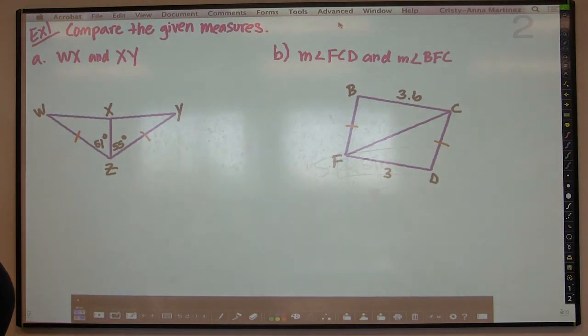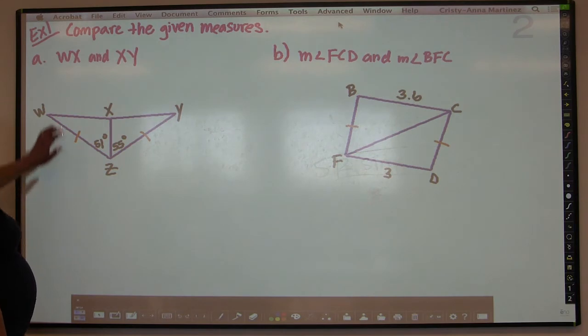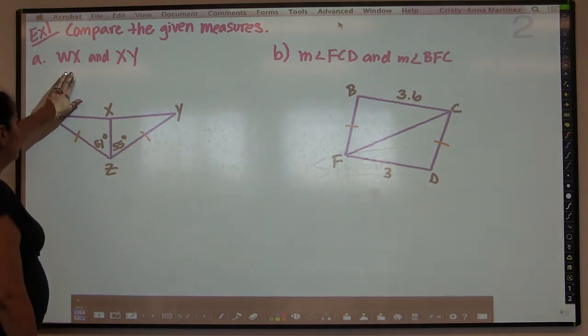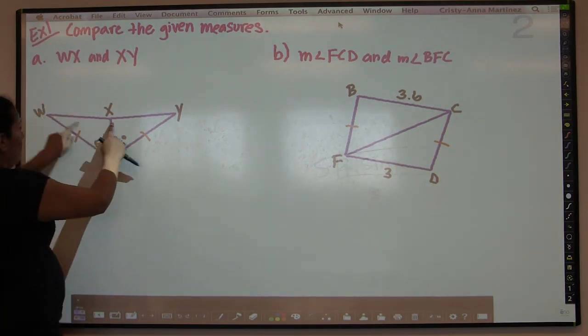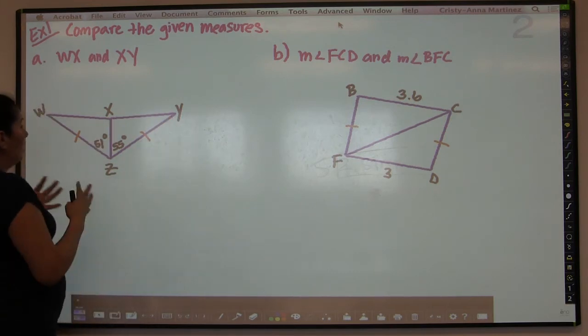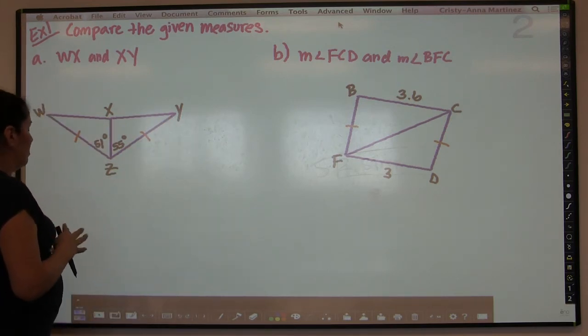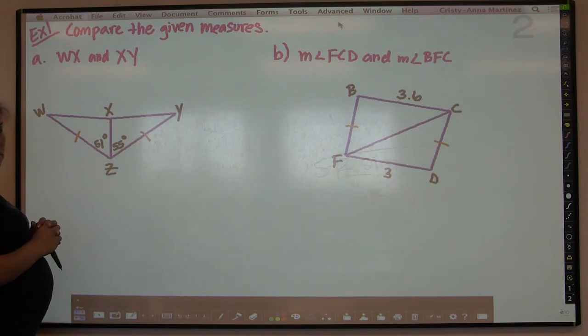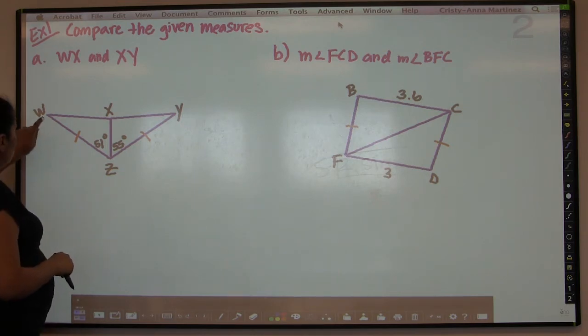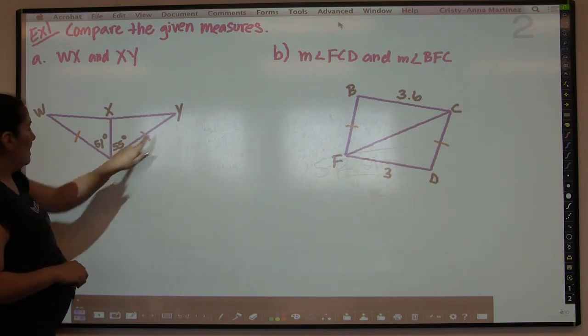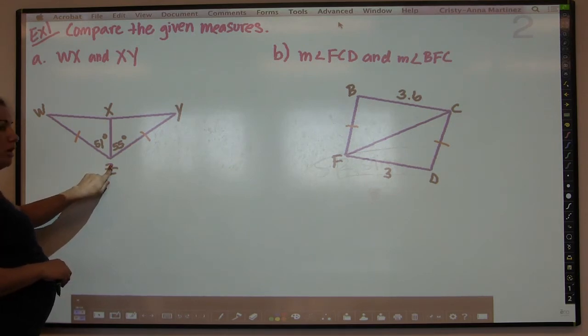And it says here to compare the given measures. So it says to compare WX and XY. So WX is this segment here, and XY is this segment here. But we want to look at the components that they've given us to see if we can determine anything based on the Hinge theorem. And we can, because we know that WZ and YZ are congruent because they're marked congruent.